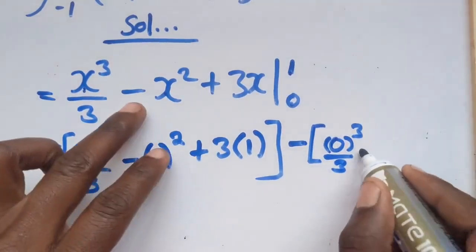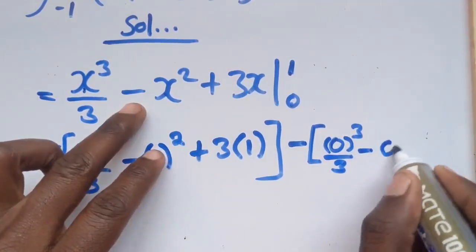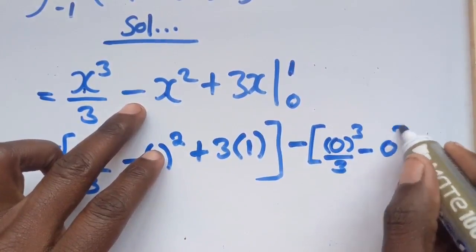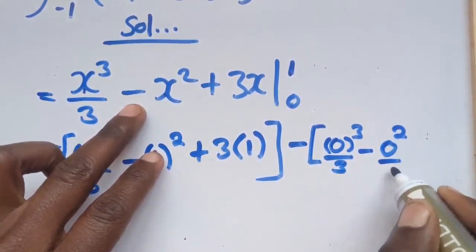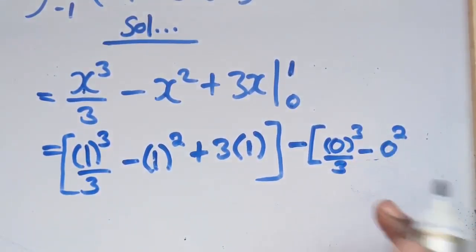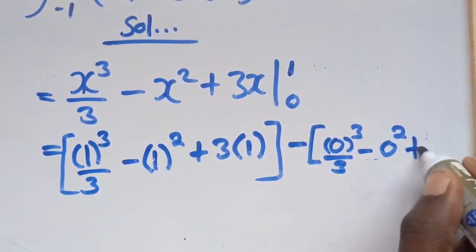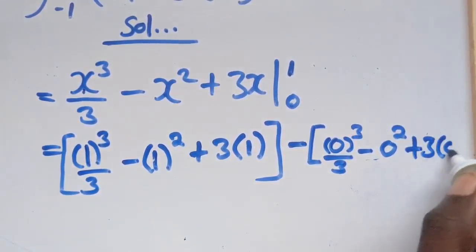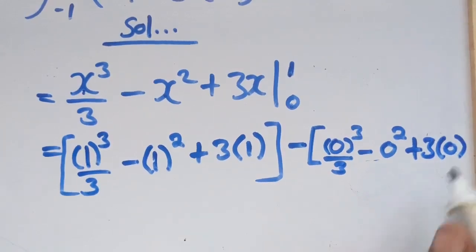Then we have minus 0 to the power 2, like that. Then you're going to say plus 3 multiplied by 0.